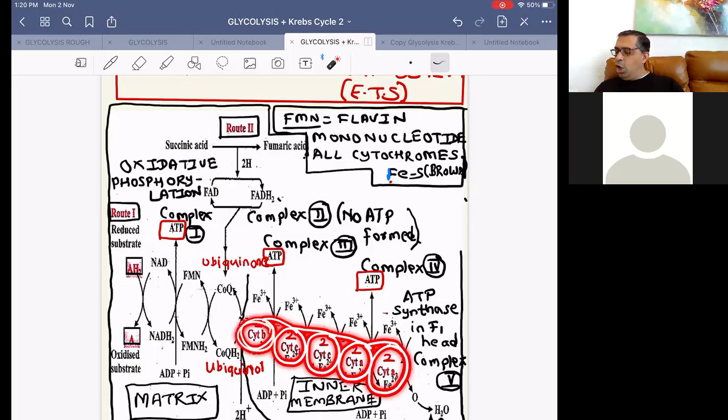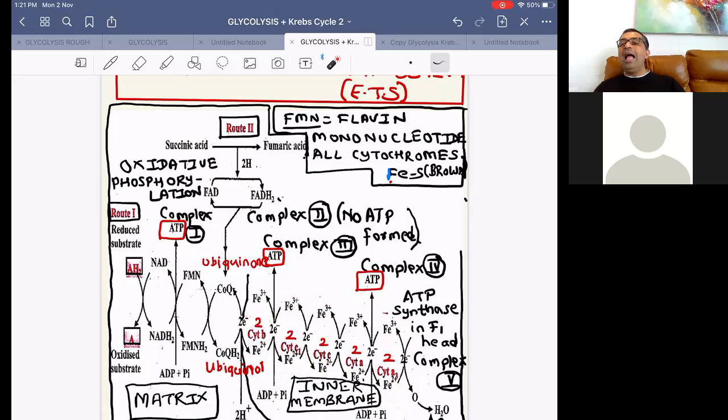Cytochrome B to cytochrome C1 to cytochrome C to cytochrome A to cytochrome A3 because it is going from less electronegative to more electronegative. And electron pass होते ही रहता है.